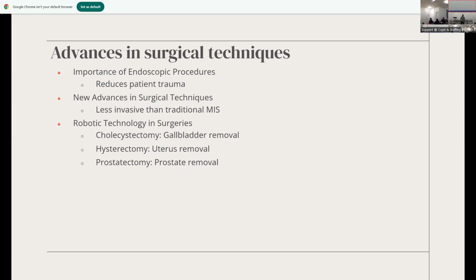Nice. Advances in surgical techniques. Importance of endoscopic procedures: it reduces patient trauma. It's not dangerous. For some of us who come from Ghana, if you hear that they're going to do surgery on you, it's like you are not going to make it, they're going to kill you.